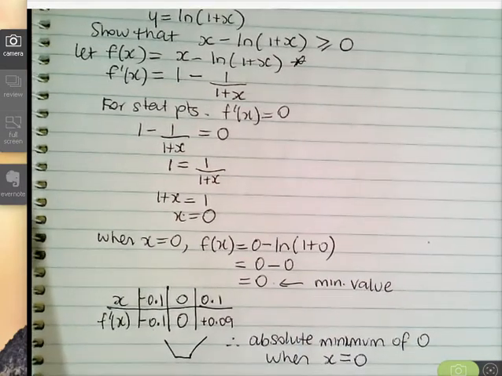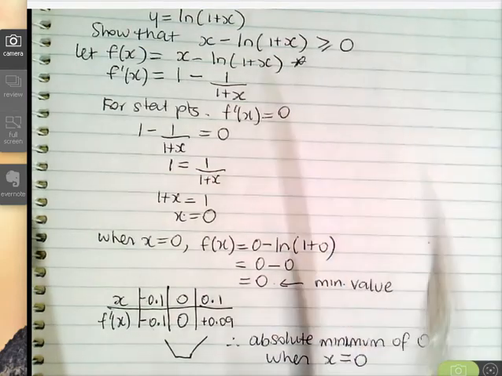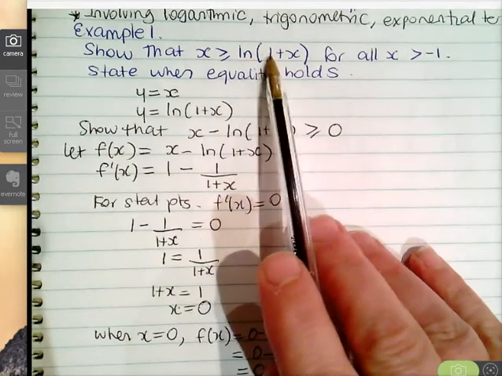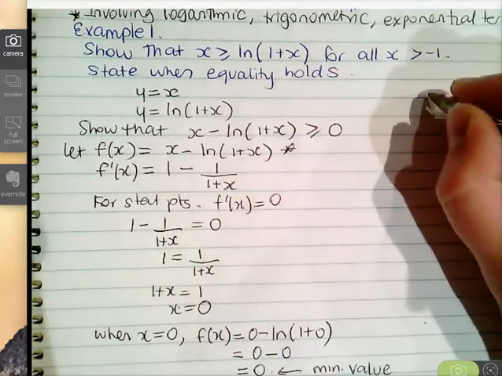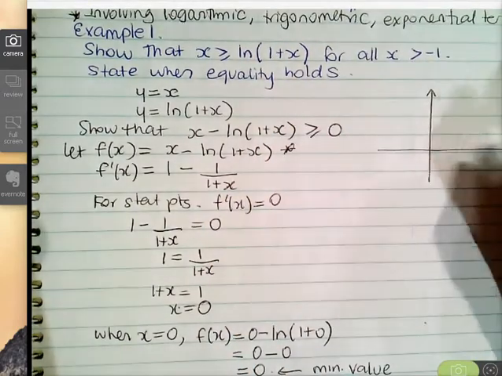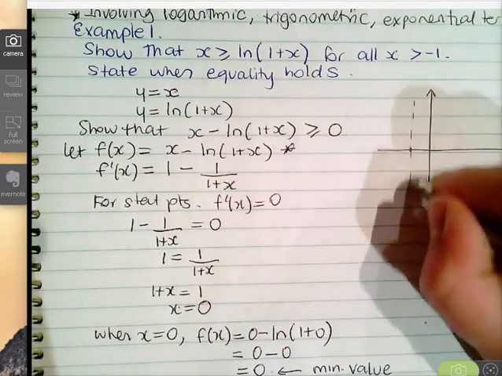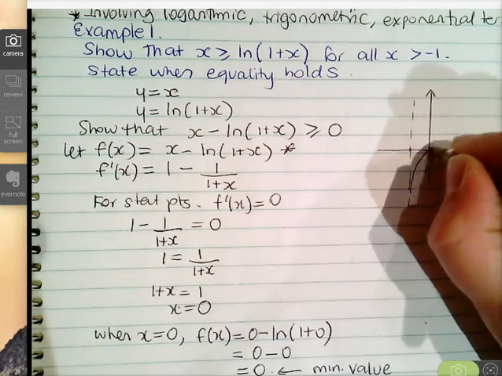Now the reason that the question asks us to show that x is greater than or equal to ln(1 plus x) for all x greater than negative 1: if we look again at the quick sketch of the function, there is an asymptote at x equals negative 1.